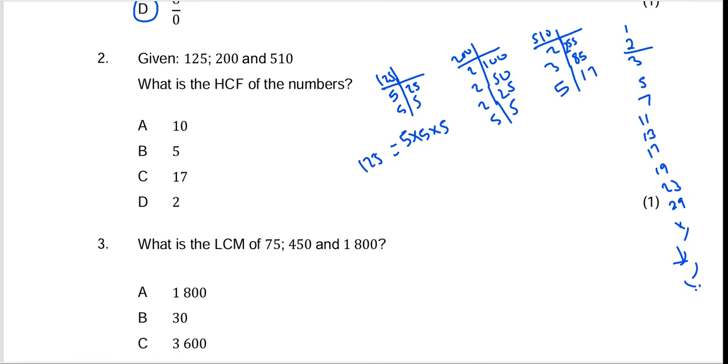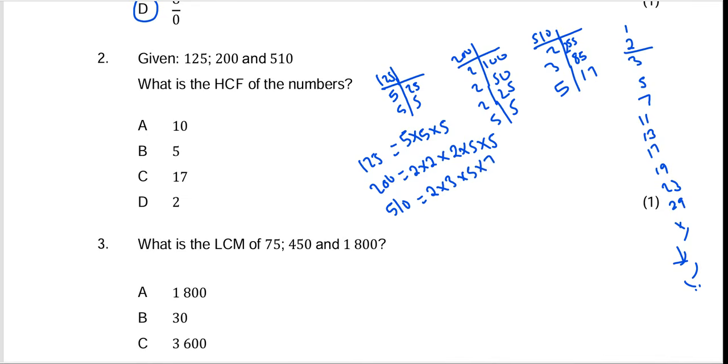For 125, it is 5 times 5 times 5. For 200, I have 2 times 2 times 2 times 5 times 5. For 510, I have 2 times 3 times 5 times 17.